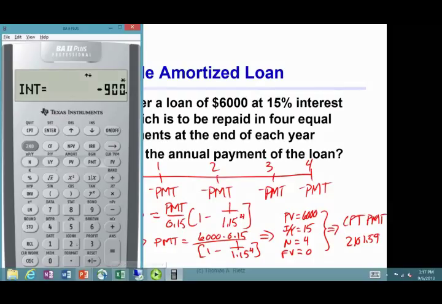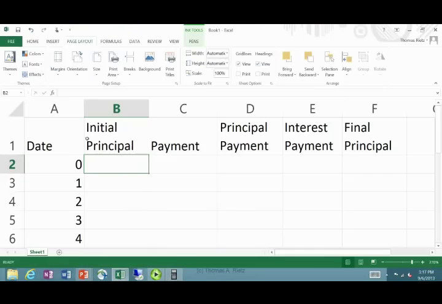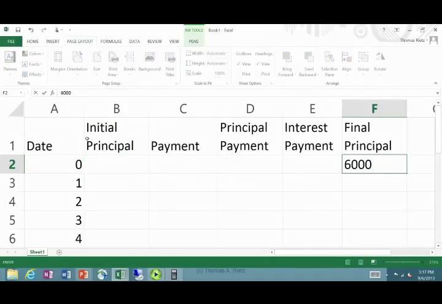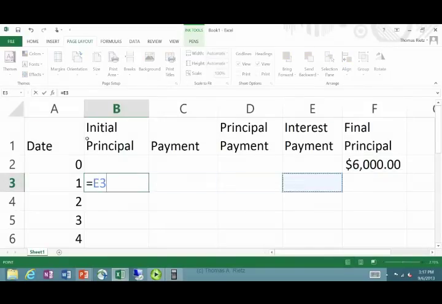So while your calculator can show this for any given year by just entering that year as P1 and P2, it's a little bit of a pain. It's much easier to see the amortization table in Excel. So I'm going to build one here for you. Period 0, the principal that we started out with is $6,000. That's the initial principal at the beginning of the first year.